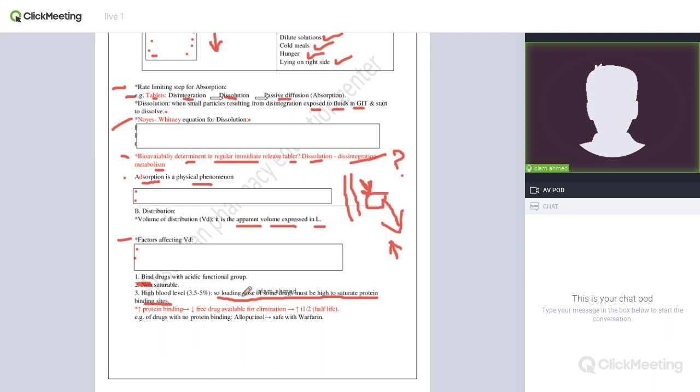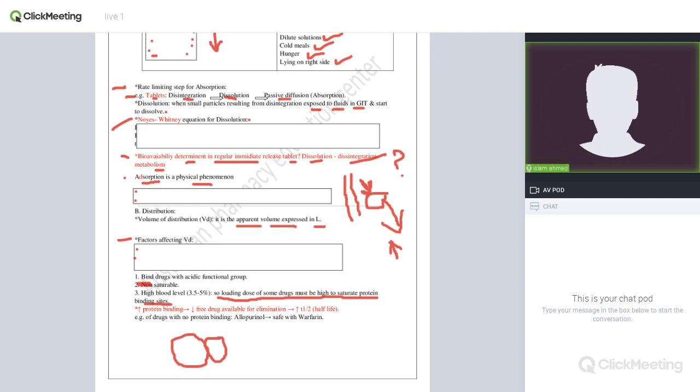Okay, so this is the reason. Because when the medication binds with the albumin, it's in the inactive form. That state cannot be pharmacologically active.